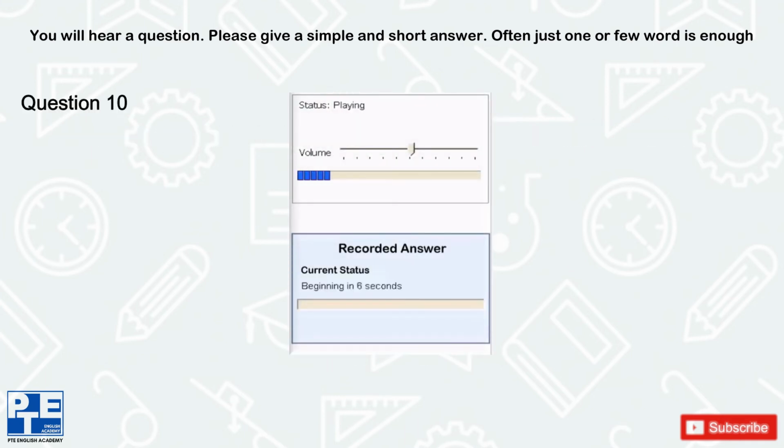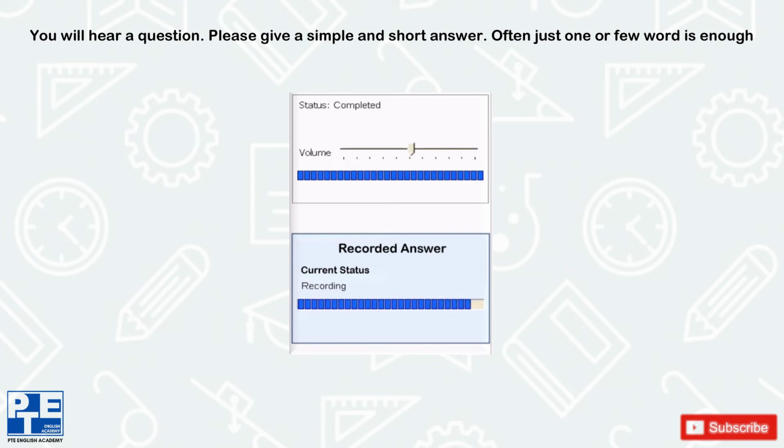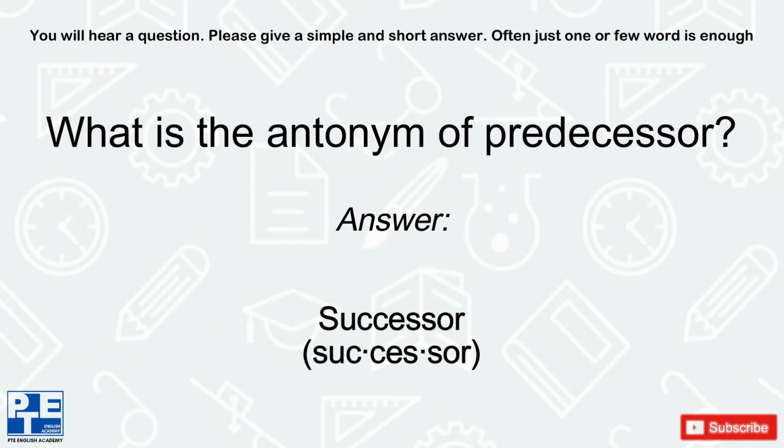What is the antonym of predecessor? Answer: successor.